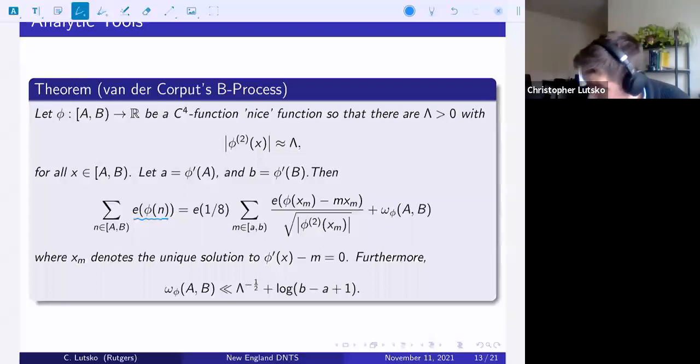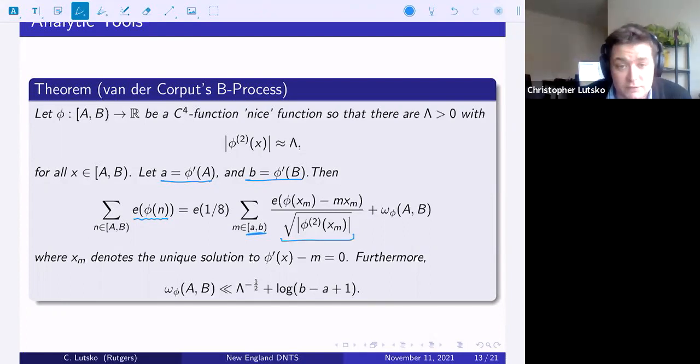And what this is saying is you can transform this sum. So you get a constant factor out front, which isn't very important. The sum is now over these little a's and little b's. In the denominator, I've pulled out a square root of the second derivative, and in the numerator, you transform the phase function.